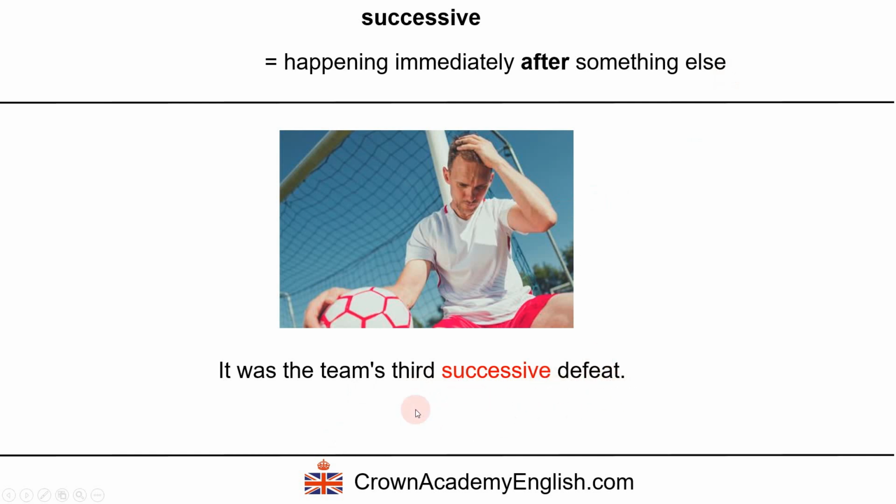So they played 3 matches and they lost all 3 matches. Okay, so each match was immediately after the previous match. Okay, 3rd successive defeat. Okay, it's a similar meaning to consecutive. Okay, so 3 things happened in a row, one after the other.